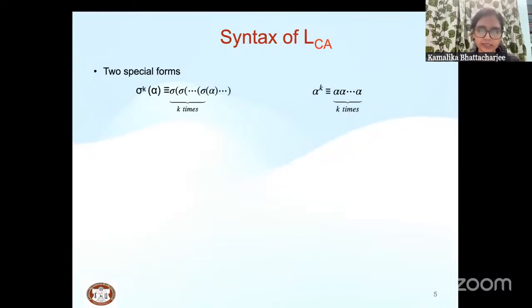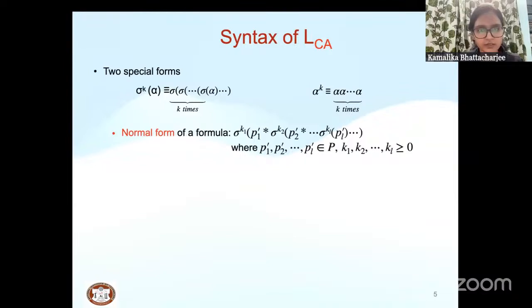One is sigma to the power k alpha, where sigma is applied k times, and alpha to the power k means alpha is taken k times. We define normal form if the well-formed formula is in this format, like sigma to the power k1 p1 dash star sigma to the power k2 p2 dash, this way. So in that case, the formula is named as in the normal form.